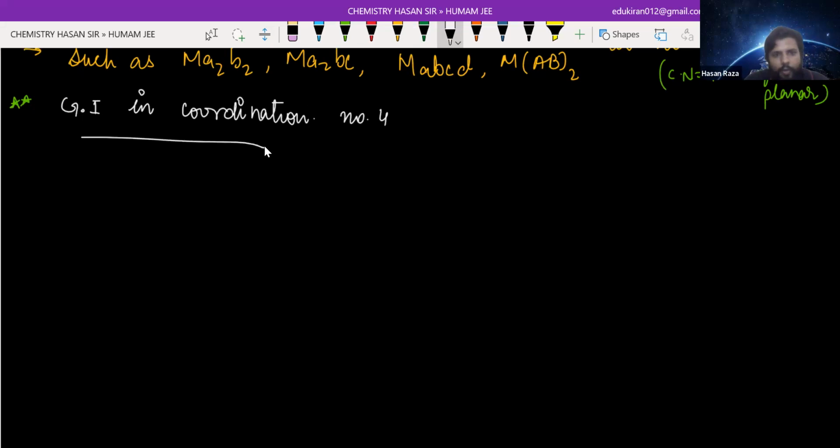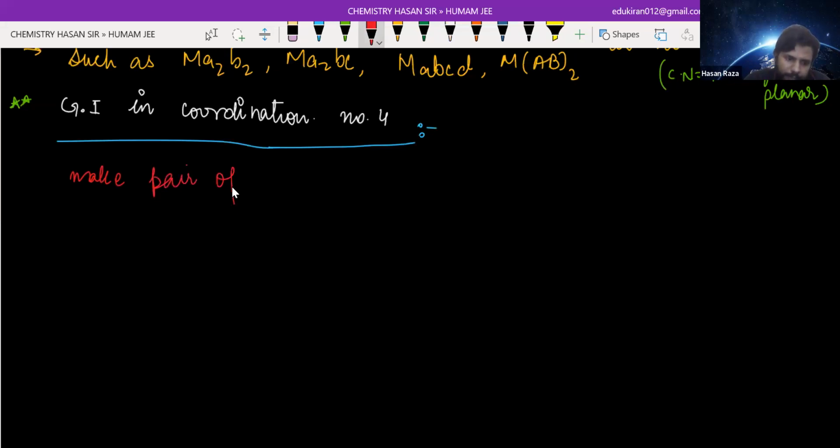How will you come to know which coordination number 4 complex shows it? It is not necessary that all the compounds will show geometrical isomerism. So how will you recognize it? You are going to make pairs of ligands.